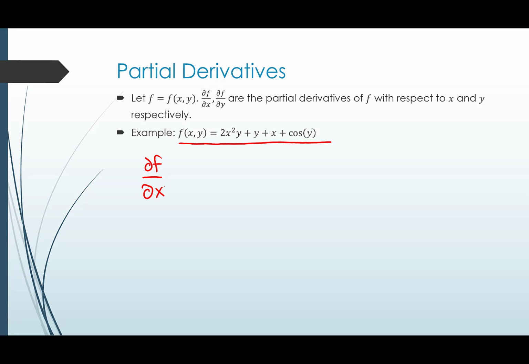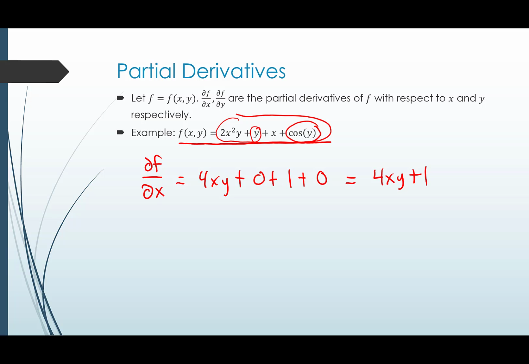We treat y like a constant, so df dx is 4xy plus 0, plus 1, plus 0 because cosine of y is a constant. So we get 4xy plus 1.